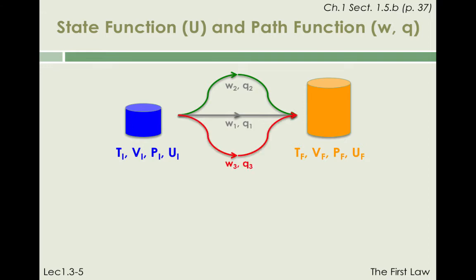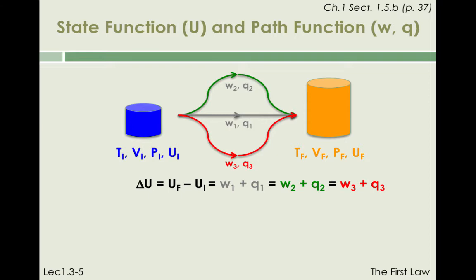Similarly, following a third path, the work will be W3 and the heat will be Q3. All paths have the same initial state and all paths have the same final state. So the change in energy, delta U, for all paths is the same.